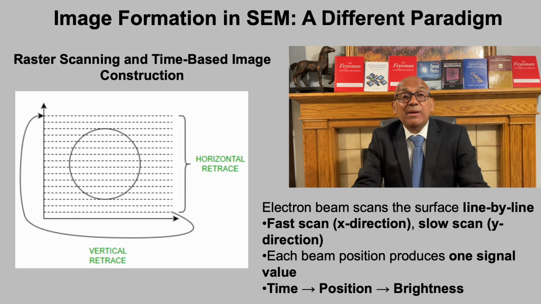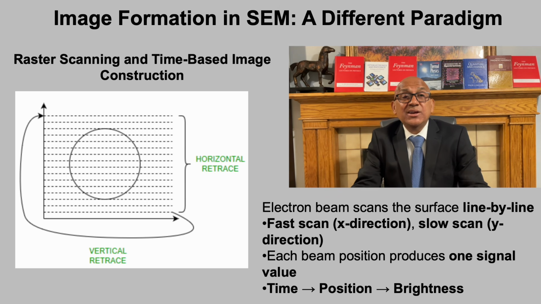It sweeps rapidly back and forth along one horizontal line, the fast scan direction. And after completing each line, it steps downward slightly to begin the next line, the slow scan direction. At every instant in time, the beam occupies a specific position on the specimen.